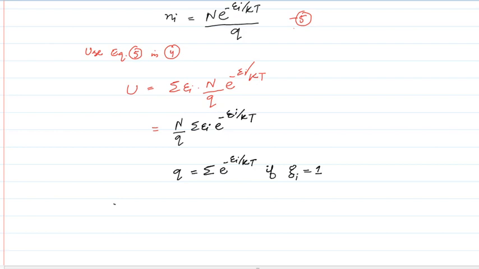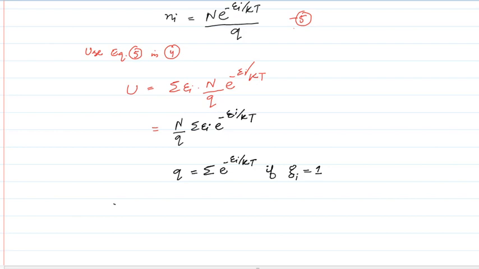That means dQ upon dT will be equal to summation e raised power minus Ei upon kT into the differential of the function, which is Ei upon kT square.